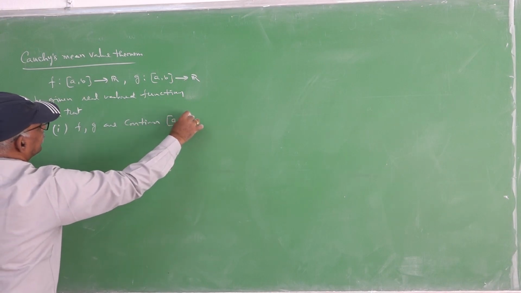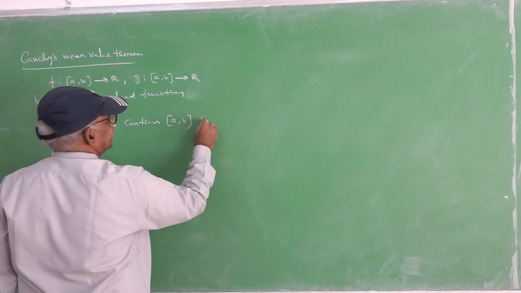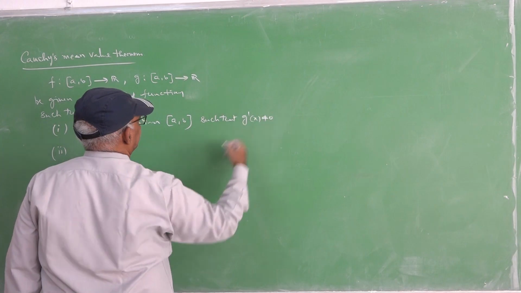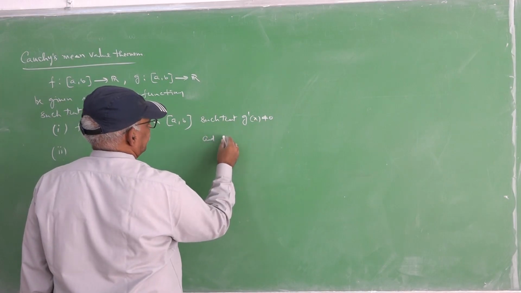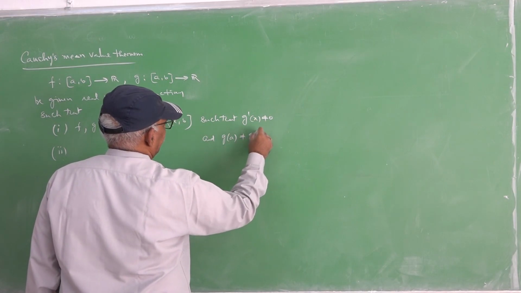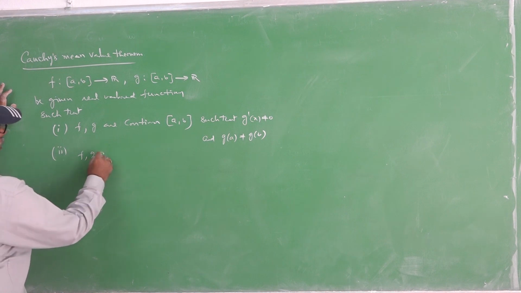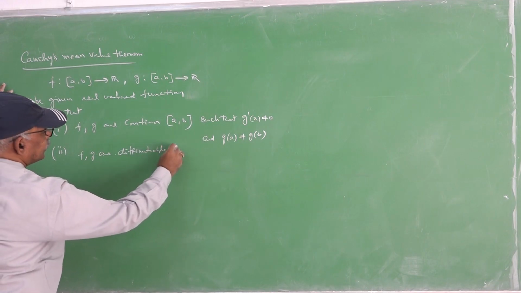continuous on the closed interval a b, such that g dash x is not equal to 0 and g of a is not equal to g of b, and are differentiable on the open interval a b.